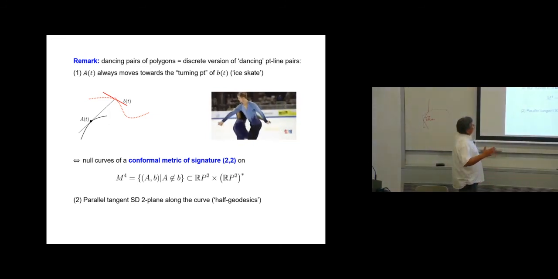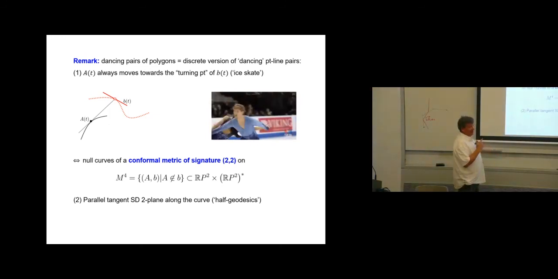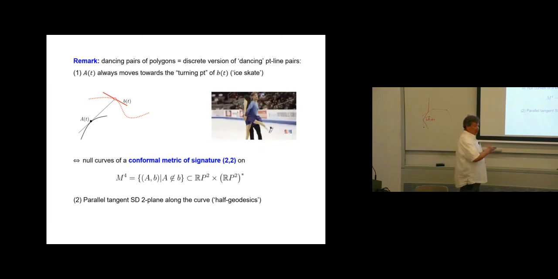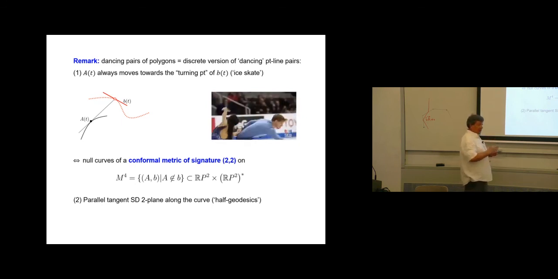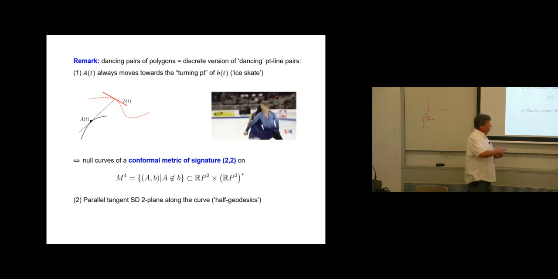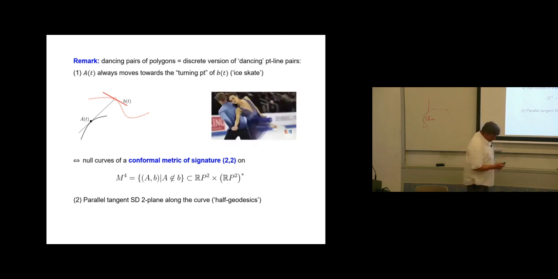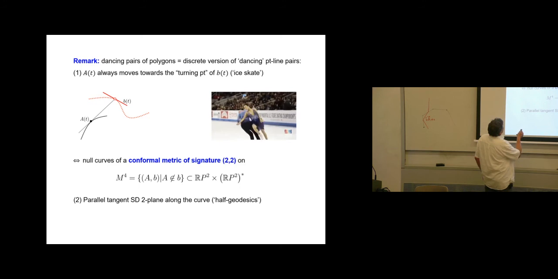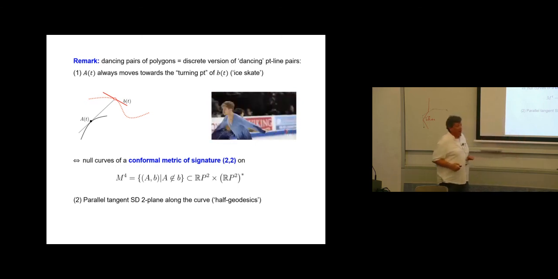So imagine a skater. That's the red line, and it is moving. You're always skating, and it leaves a mark on the ice. The red line is always tangent to the envelope of these lines.